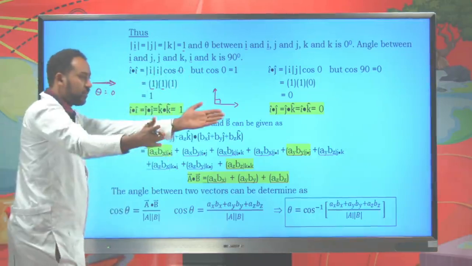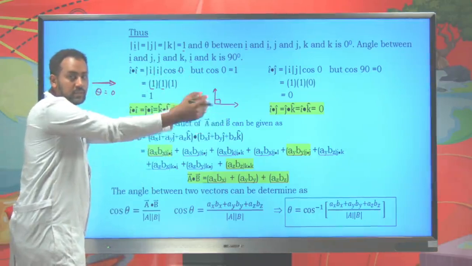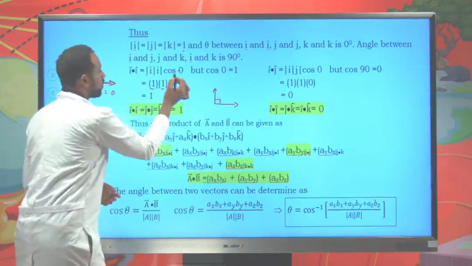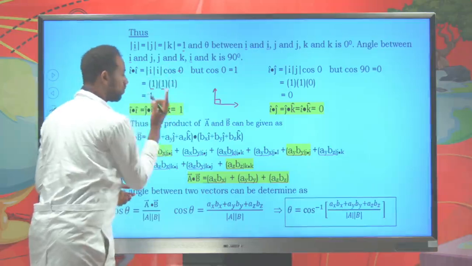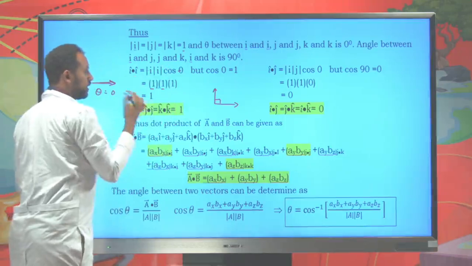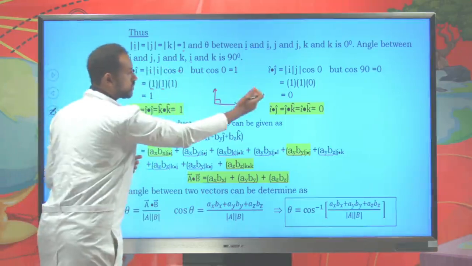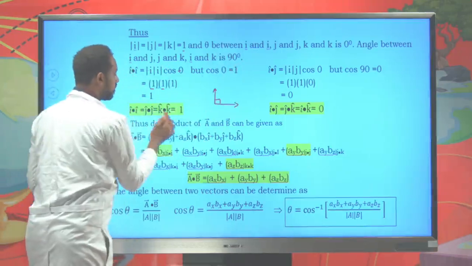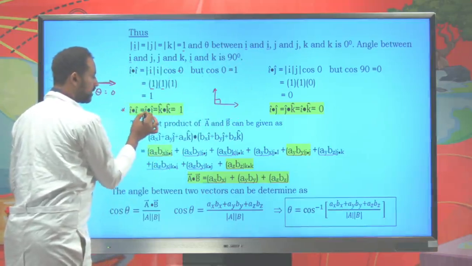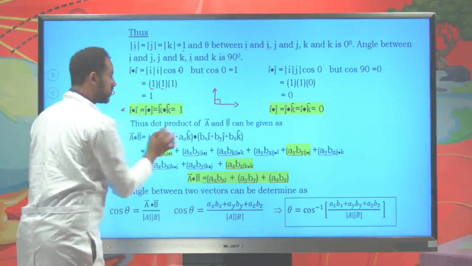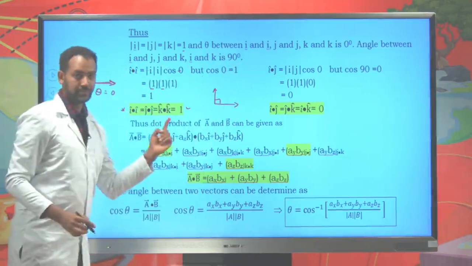Therefore it gives 1 times 1 times cosine of 0, which is 1. So i dot i gives you 1. The same is true for j dot j, and k dot k also gives you 1. Don't forget this point: i dot i, j dot j, k dot k always give us 1.